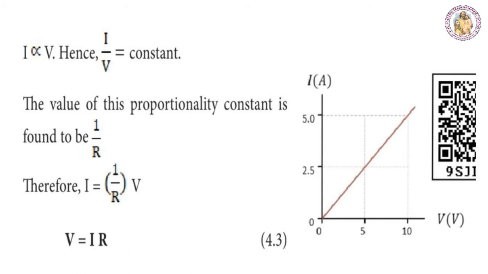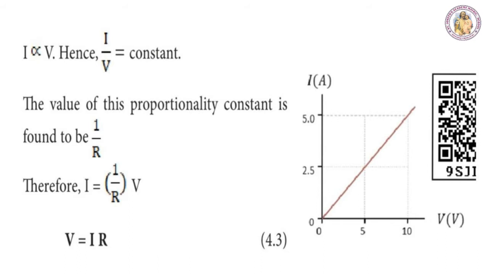The potential difference V is proportional to the current I. Here the graph between V and I is a straight line for a conductor, as shown in the figure. Why do we get this straight line? When the current increases, the potential difference also increases.